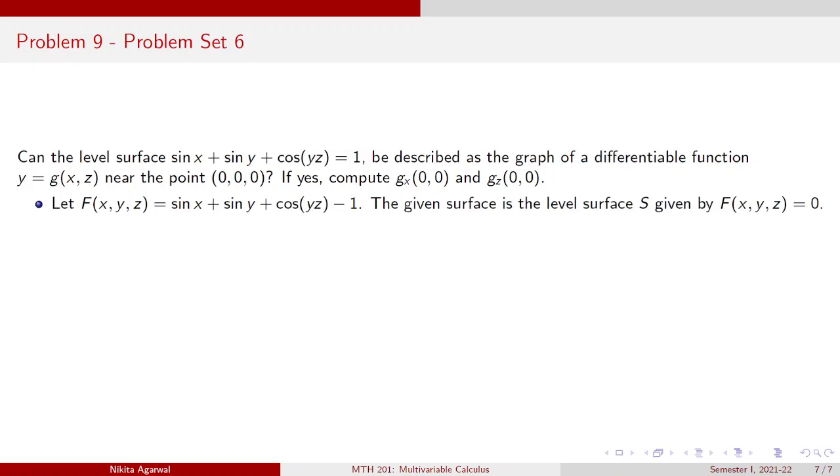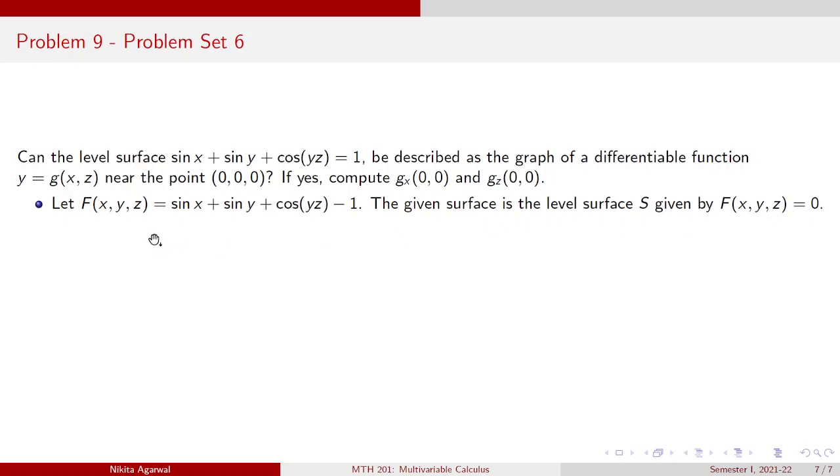First of all, in such problems, we first construct the function capital F. Now, it is but natural to take capital F to be sin x plus sin y plus cosine yz minus 1, and then the given surface would be the level surface of S given by capital F equal to 0.